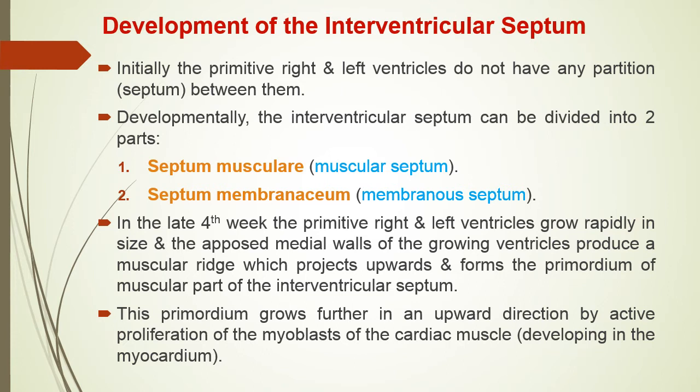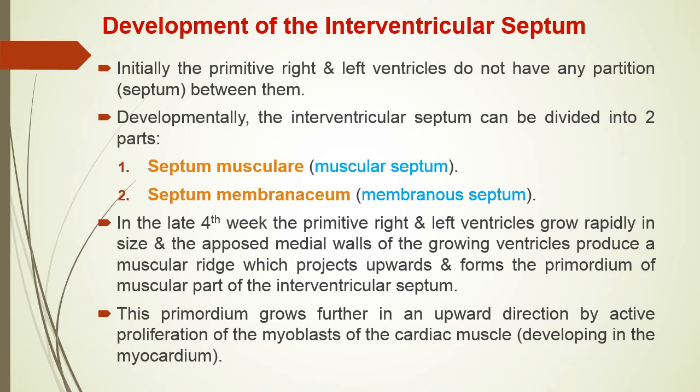In the beginning, the ventricle outward shows two bulgings, but on the inner side, that is the interior of the ventricle, is a common chamber, and we cannot distinguish the right and left ventricles, though we know that the right ventricle is derived from the lower part of the bulbus cordis and some part of the primitive ventricle, and it also receives contribution from the conus cordis in the form of the infundibulum.